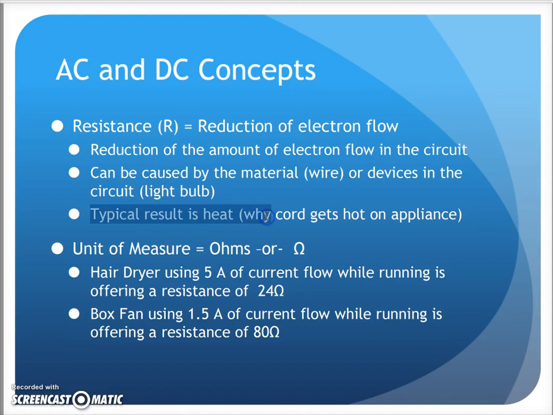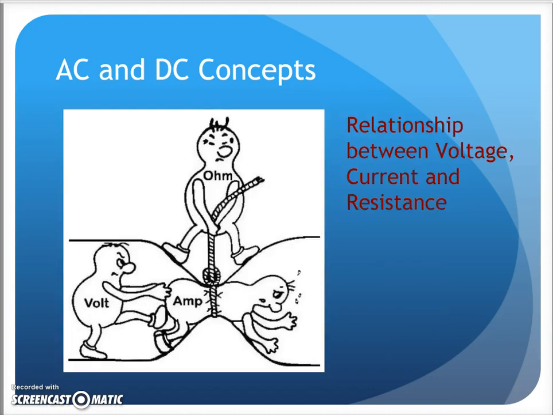The typical result of this is actually heat. Why a sweeper cord or power drill cord gets hot is resistance of the wire. So things like a hairdryer using 5 amps of current might offer 24 ohms of resistance. Meanwhile, a box fan using 1.5 amps of current flow might offer resistance of 80 ohms, just to give you some kind of ballpark idea there.